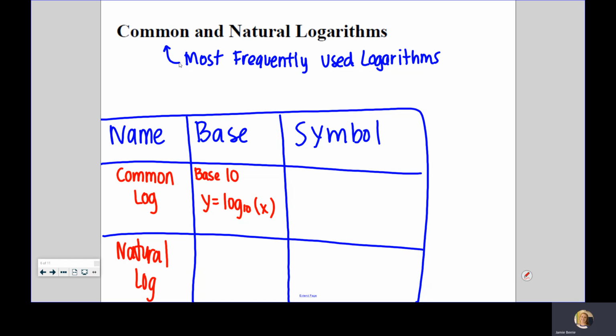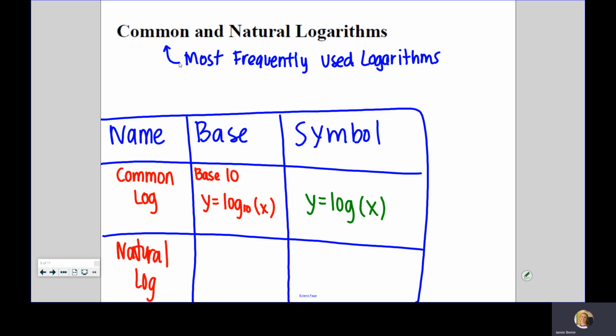But again, this is used so frequently that it gets its own special symbol. The symbol for the common log is just y equals log of x. So they just drop the base 10. If you see a logarithm with no base indicated, you know that's the common log and it's base 10.